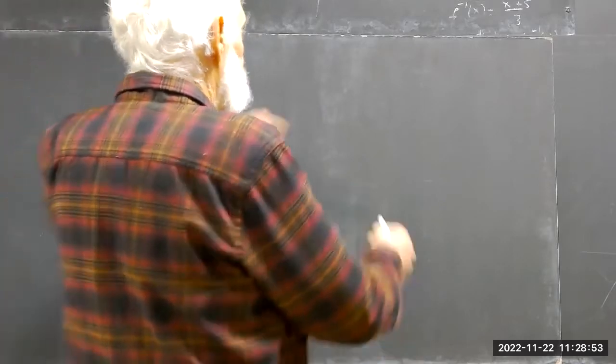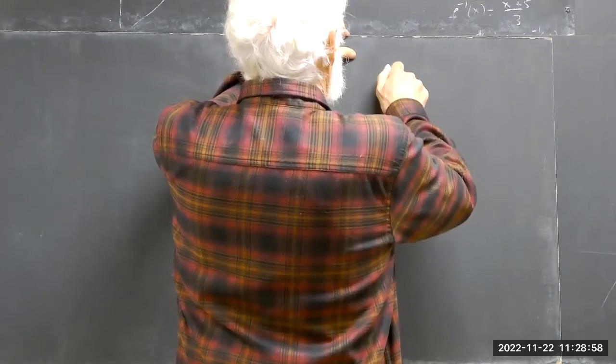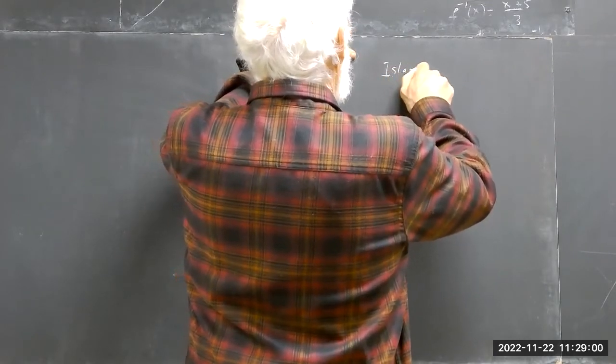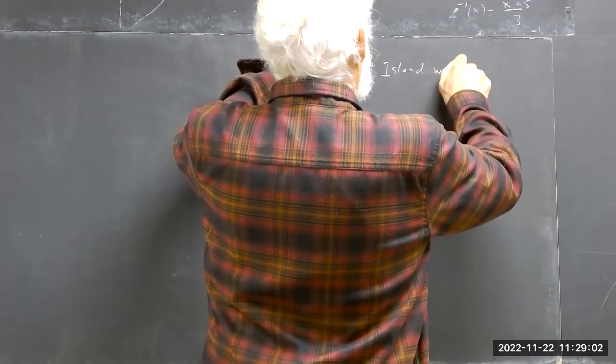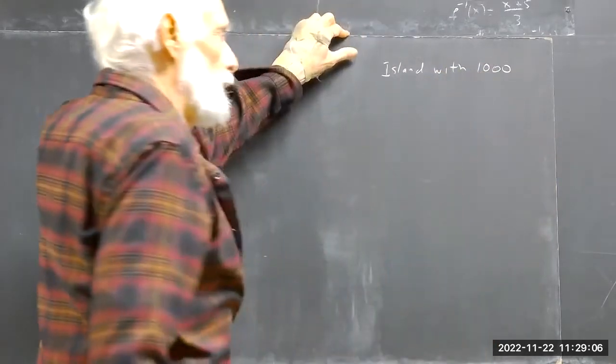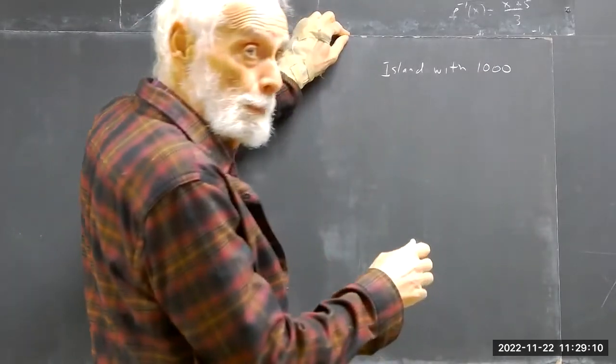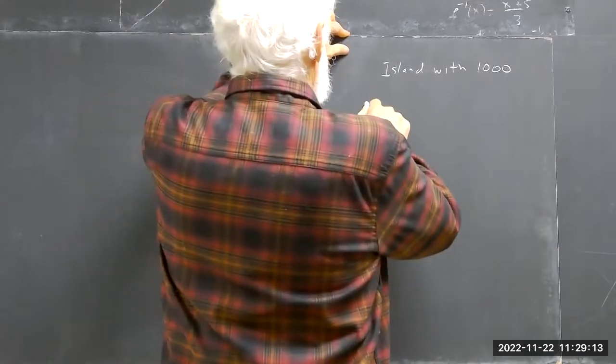Okay, you have an island with 1,000 people, not a certain kind of people. You're immortal.